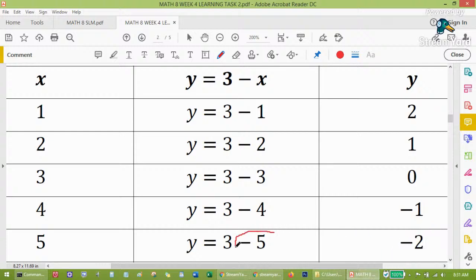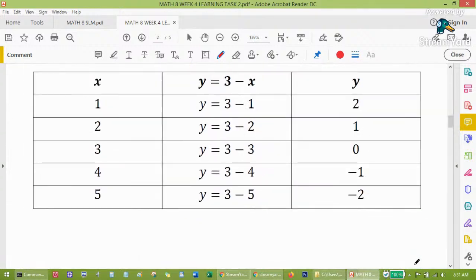Because mas marami yung mga negative kaysa sa mga positive. Okay? So, sa bawat tatlong positive, babawasan niya ng tatlong negative. Pag binawasan mo ng tatlong negative to, ang matitira is dalawang negative na lang. Okay? So, 5 minus 3 is 2. Bakit negative? Because dominant yung mga negative, mas marami yung mga negative. Okay?